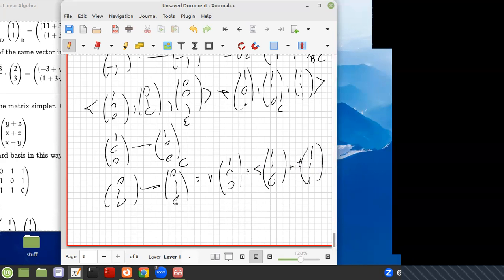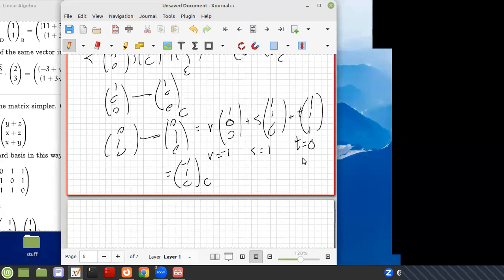You can see that you're going to need T equals 0, because we only need these first two, and we need S equals 1 to get that one, and so we need R equals -1 to cancel that off. So this one equals (-1, 1, 0) in basis C.